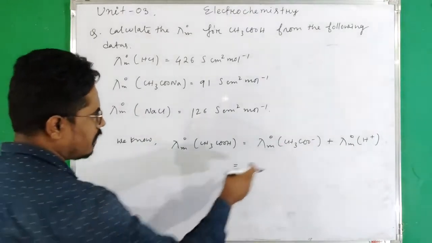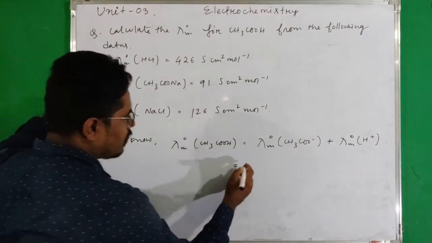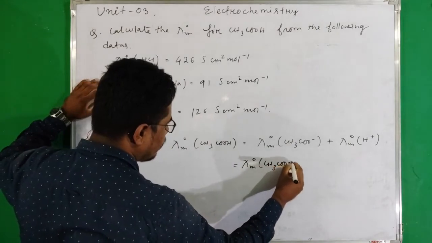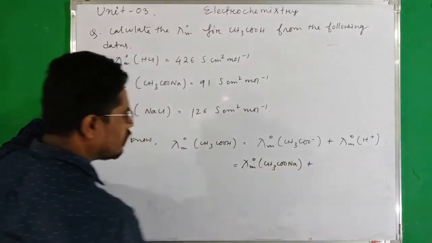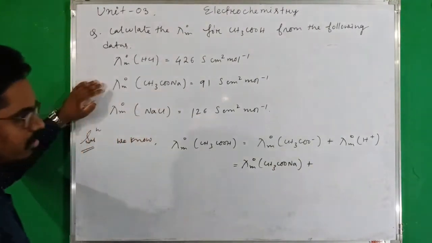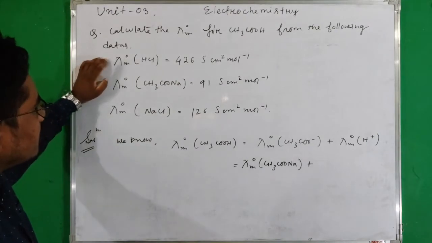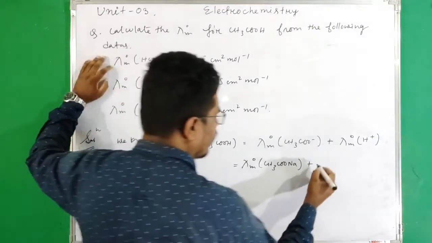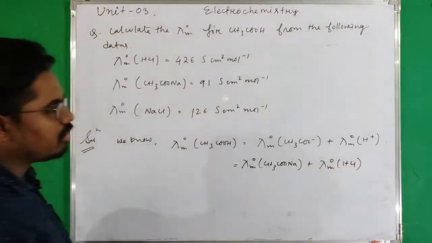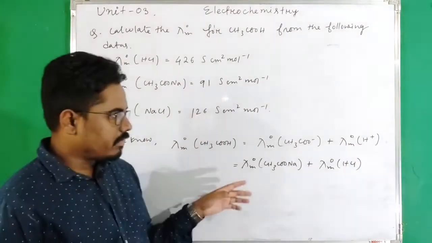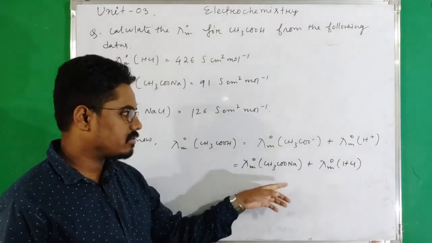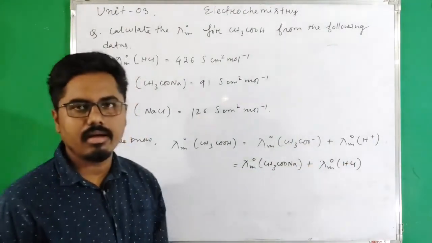So for acetate ion we will put lambda m naught of sodium acetate. And then we have to put the value of H positive ion, and for H positive ion we will put lambda m naught of HCl. But now when we put the values of acetate ion and H positive ion, we get extra Na positive and Cl negative ions.